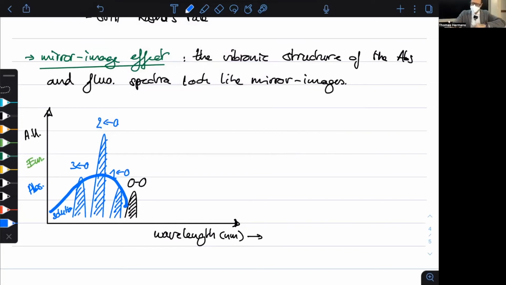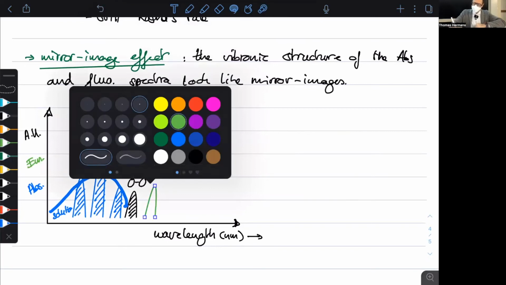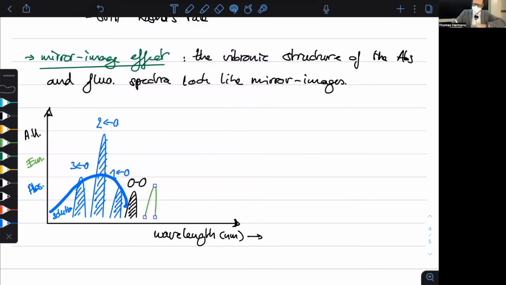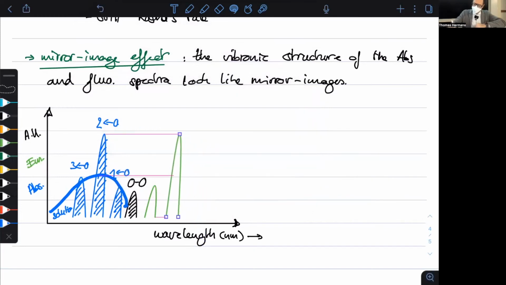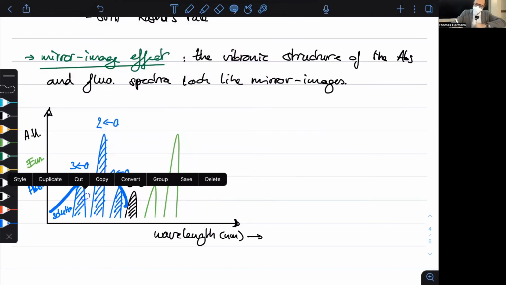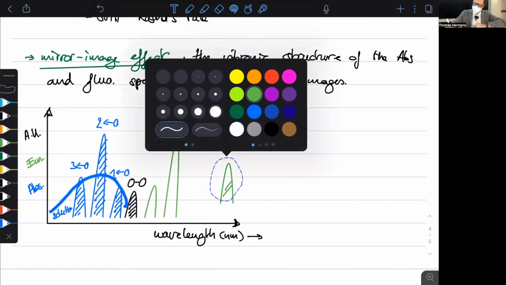The cool thing, I will try to copy this and paste, that's the nice thing about this iPad, is that these progressions are mirrored. Copy, paste, green.